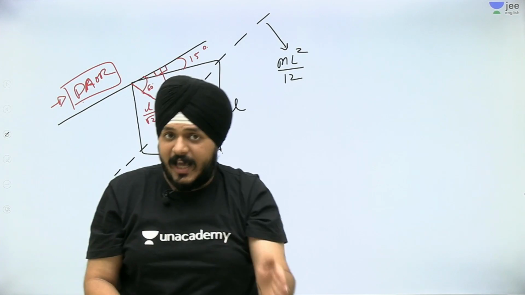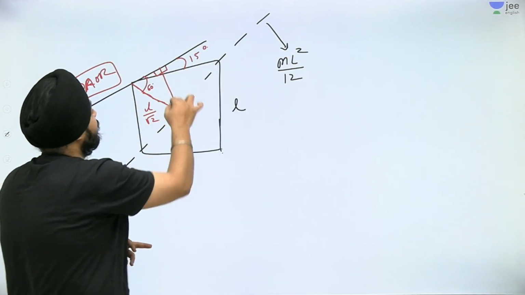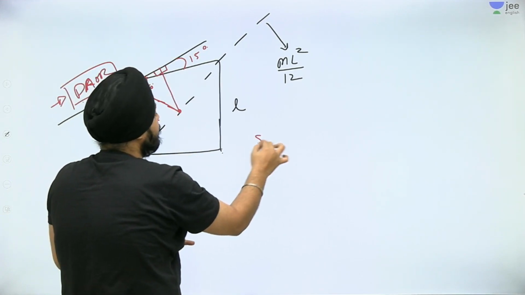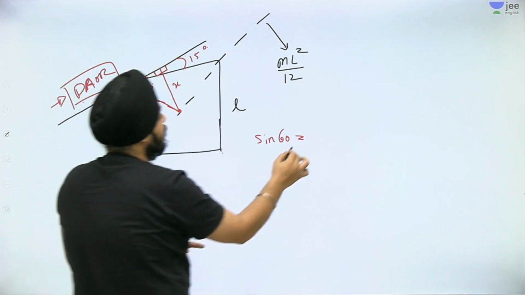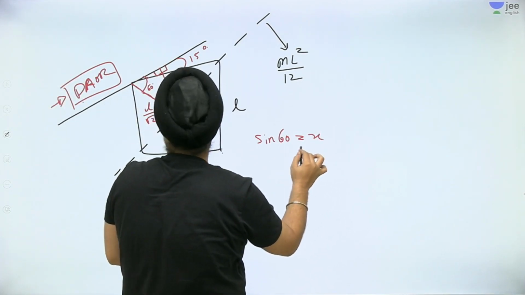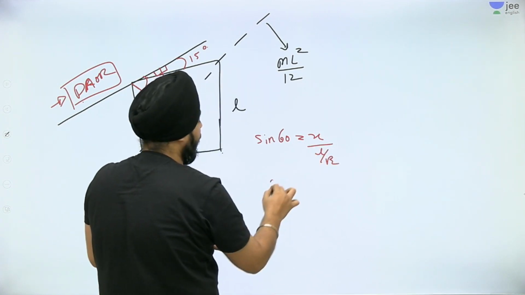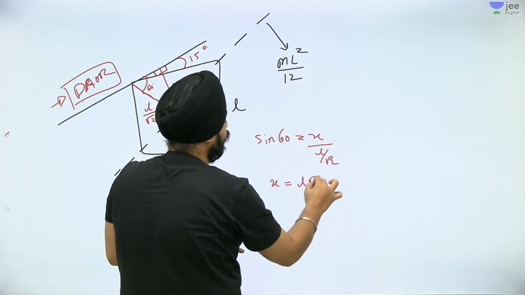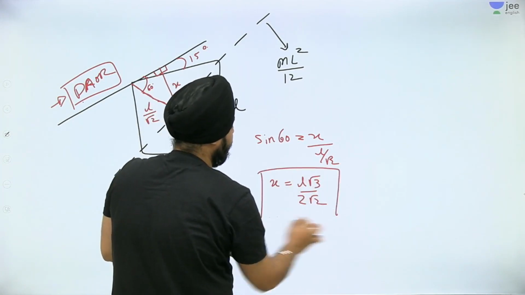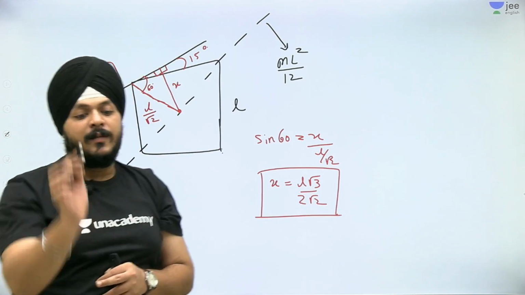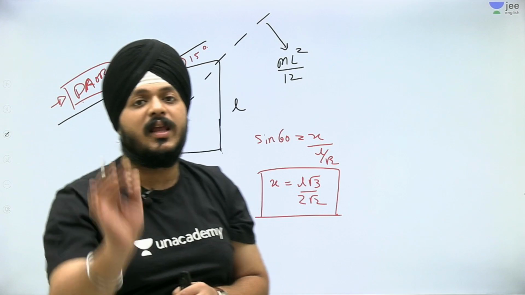So sine of 60 equals x divided by L by root 2. So x is equal to L root 3 by 2 root 2. This is the distance between the desired axis of rotation and the known axis of rotation.